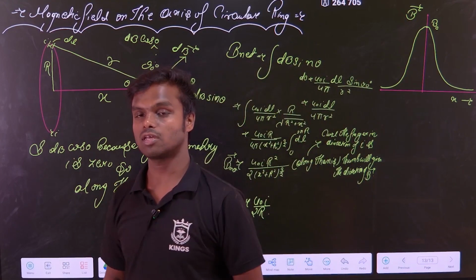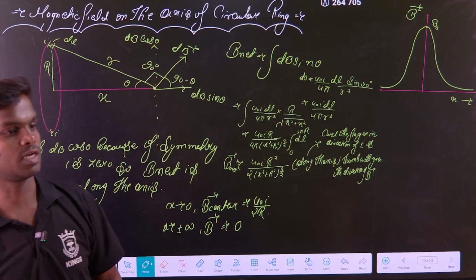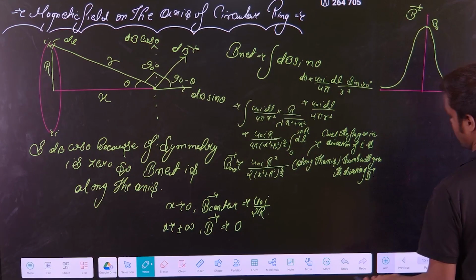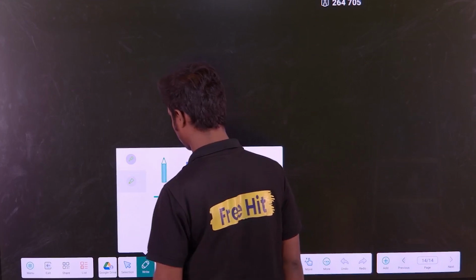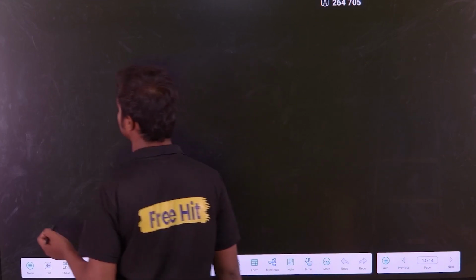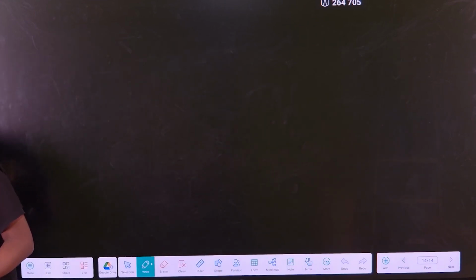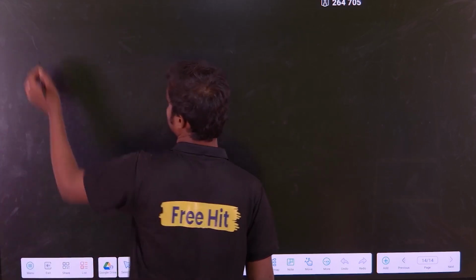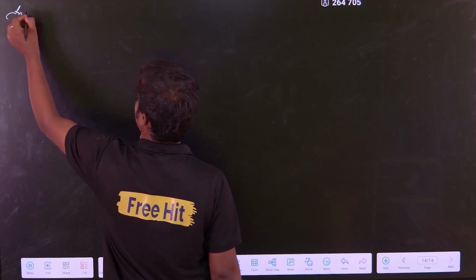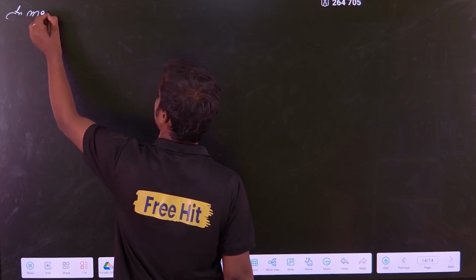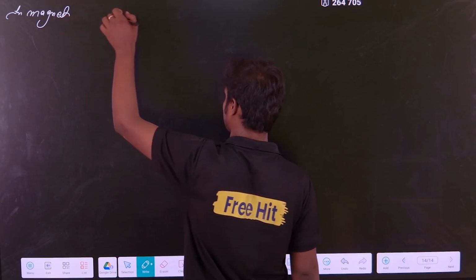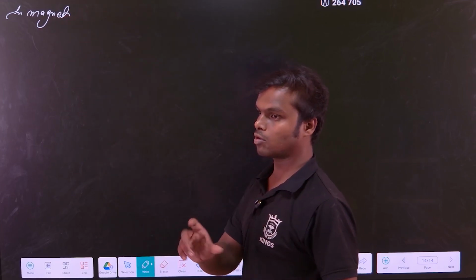So let us put a new heading: properties of magnetic field lines. Before that, I would like to tell you something about the magnet. Basically, in electrostatics we have seen something called a dipole. If you are able to remember, we have seen a dipole and we have talked about dipole moment.